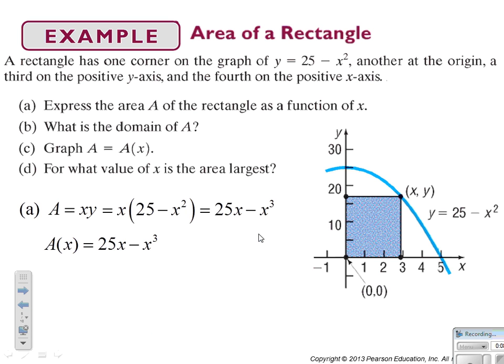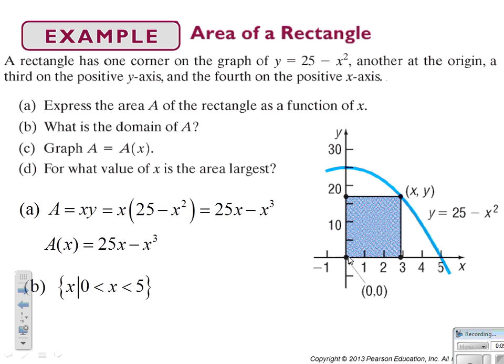Now we have to look at what domain is going to be reasonable for our area, and well, we cross the x-axis at 5, so we could definitely not have any x values that are larger than 5.